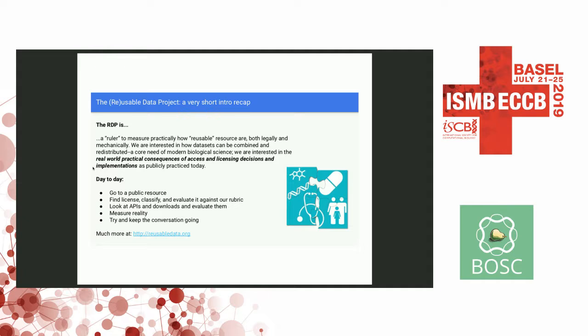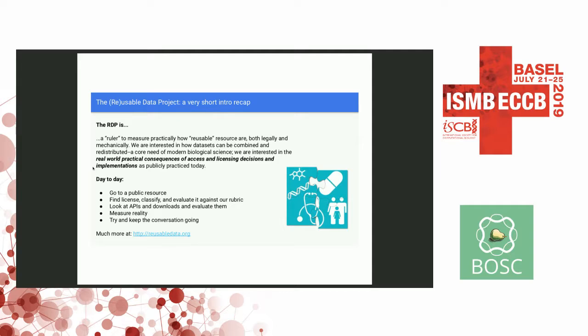So day to day, what we do is we go to a public resource, we find the license, we classify various aspects of the licensing terms and information found on the website, we evaluate it against our rubric, we look at APIs, we look at downloads, we look at practically how you access information and are able to use it and pass it on.